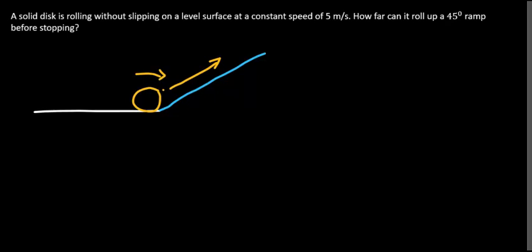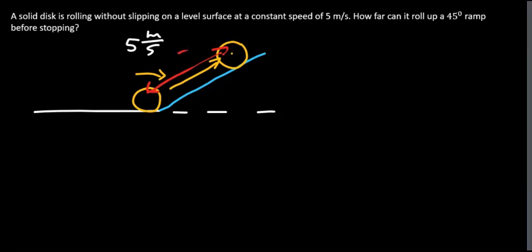When it gets to the bottom of the ramp, its speed was 5 meters per second. It will roll up the plane and stop at a certain point. We want to determine that distance that it covers before it comes to a complete stop.